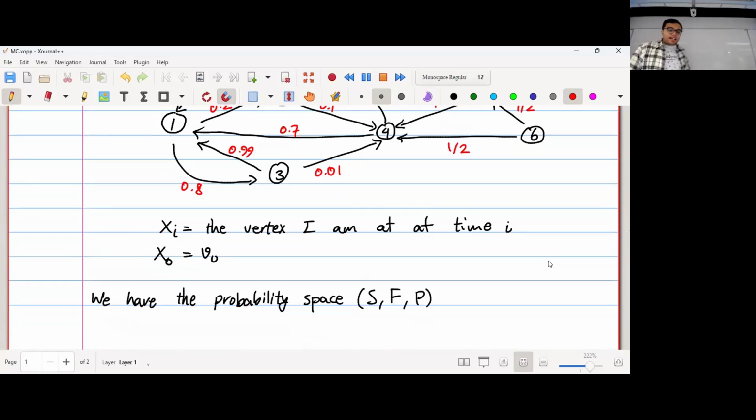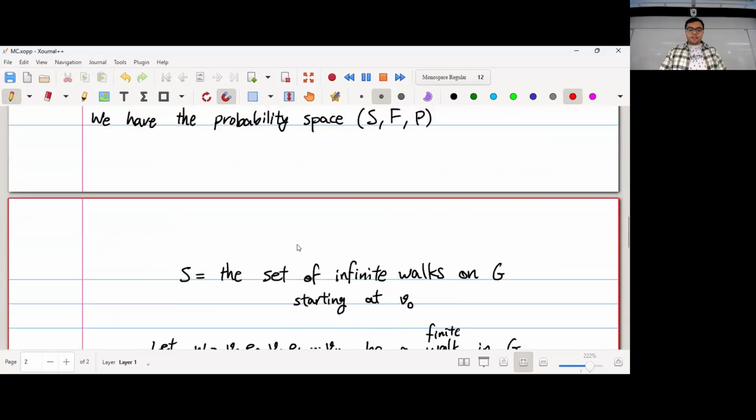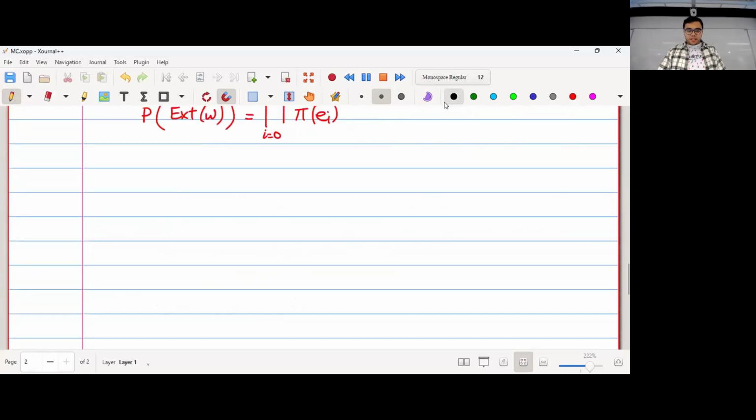Now that I have this, I can define my Xi's exactly. So let W bar be a sample, which means that it's an infinite walk on my graph. How do I define Xi of W bar? It's just going to be the vertex at index i of W bar.